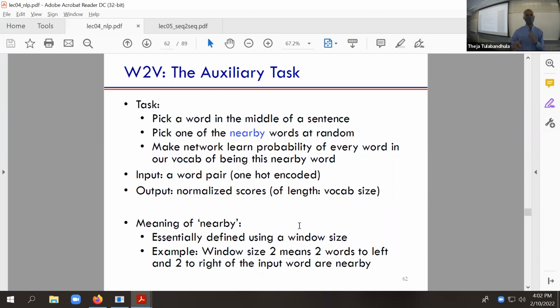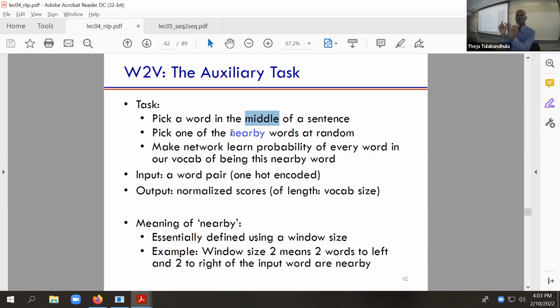So what is the task? The task is now slightly different. You pick a word in a sentence, it doesn't have to be the middle of a sentence. Then you pick one of the nearby words, meaning words next to it, before it or after it, at random. That word pair is a data point in your training data.